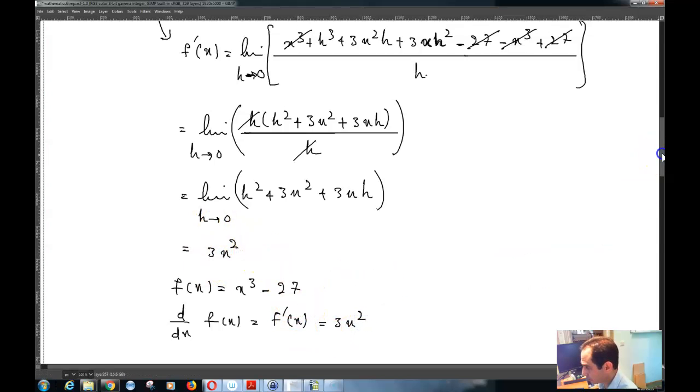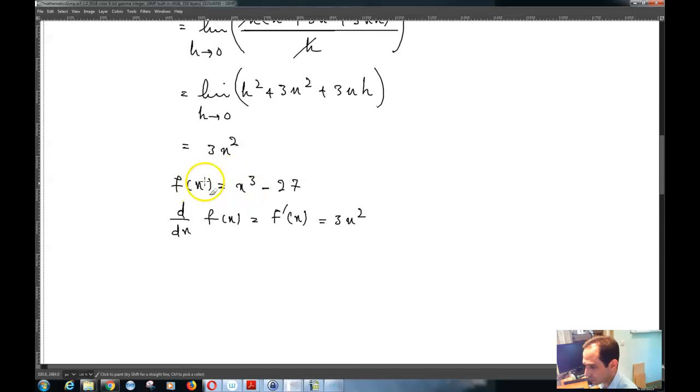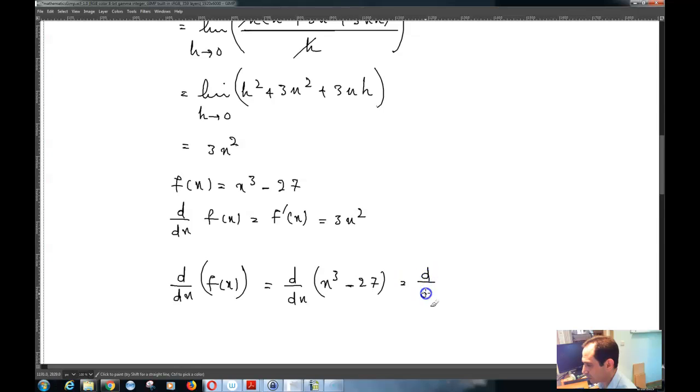And that makes sense because if you take d by dx of x cubed minus 27, this is equal to d by dx of x cubed minus d by dx of 27. Of course, this is based on the algebra of the derivative and everything else that we talked about later, after the first principle of the derivative.